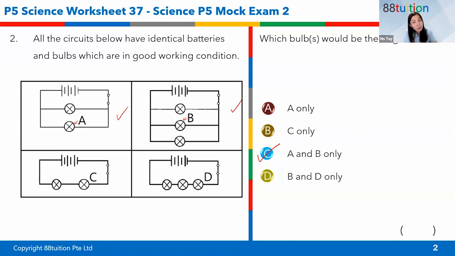Do you know how you check if you are unsure? Can someone tell me? If you're unsure about how bright the bulbs will be, how do you check? Are you going to wait for the time to see your science teacher to ask? Is there a way you can check on your own? Anyone? Gordon, do you know?